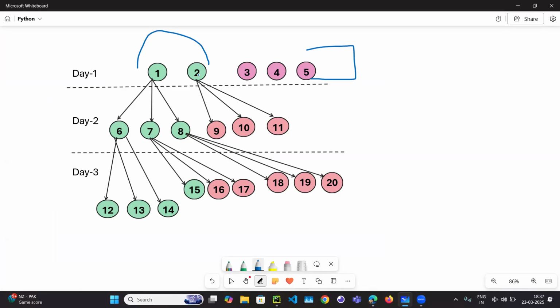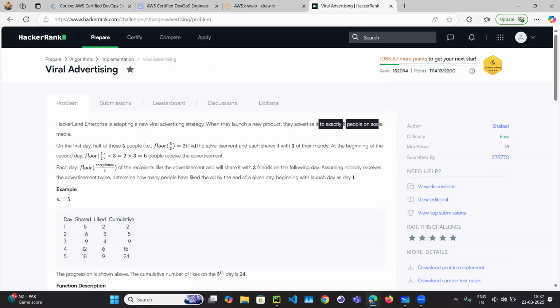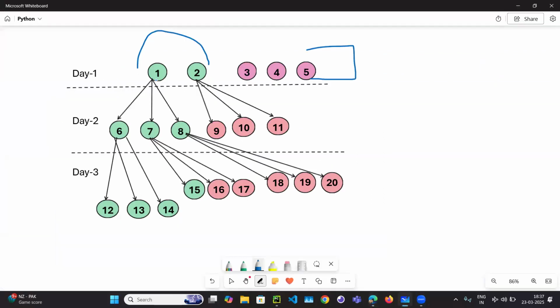We will mark it as green. Then on the same day, whoever liked it has shared it with their 3 friends, because persons 3, 4 and 5 did not like. So only persons 1 and 2 liked.